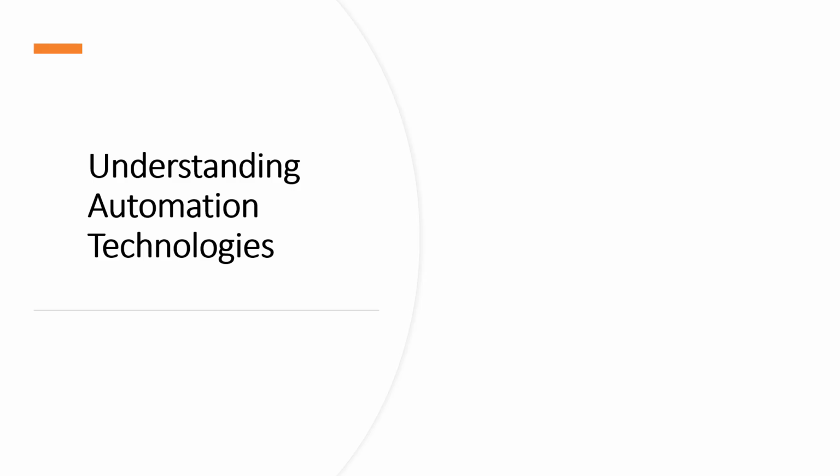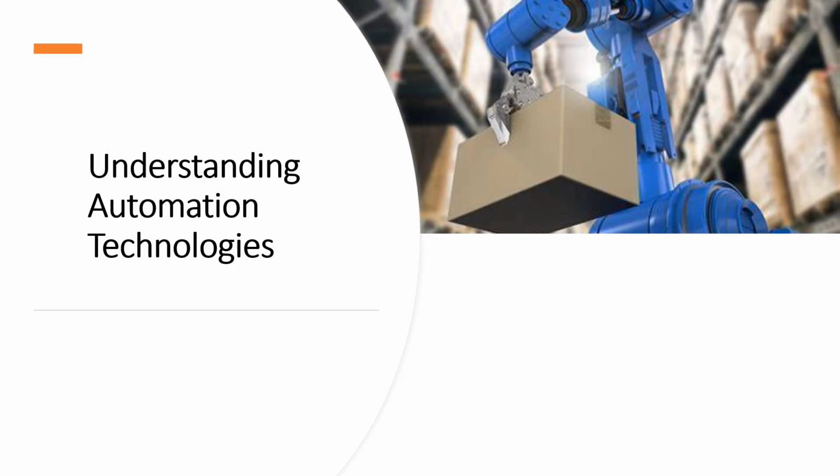Now, in the modern supply chain landscape, robotics and automation play a pivotal role in enhancing efficiency and reducing manual labor. Warehouses, for instance, employ robots for tasks such as picking and packing goods, which can be very labor intensive and error prone when done manually.